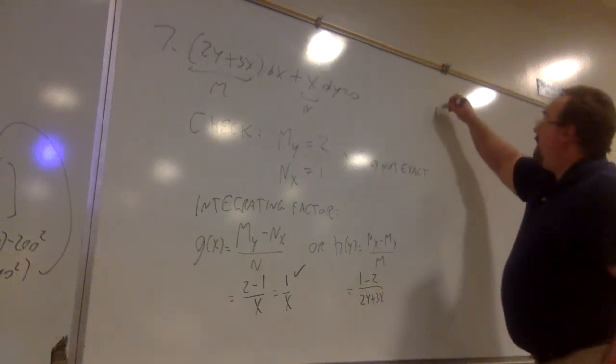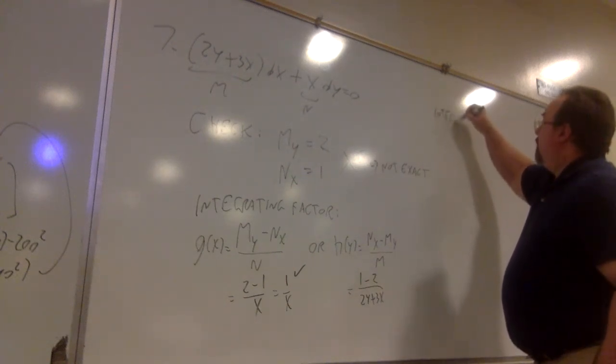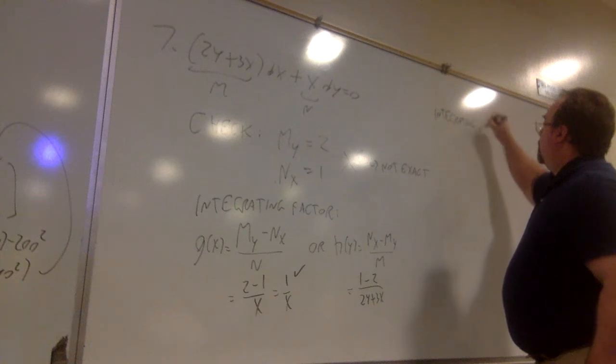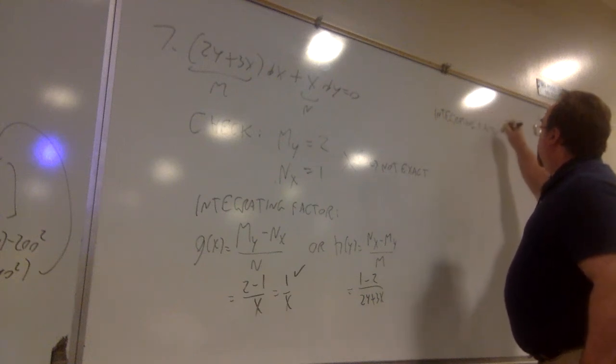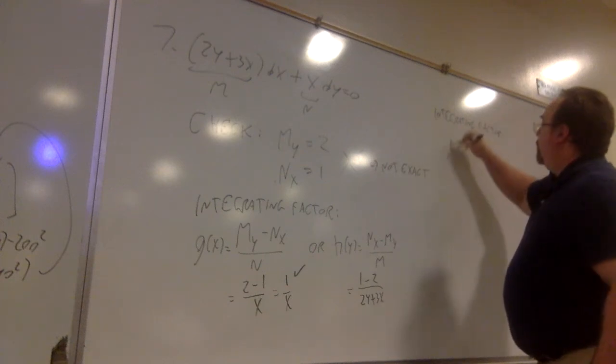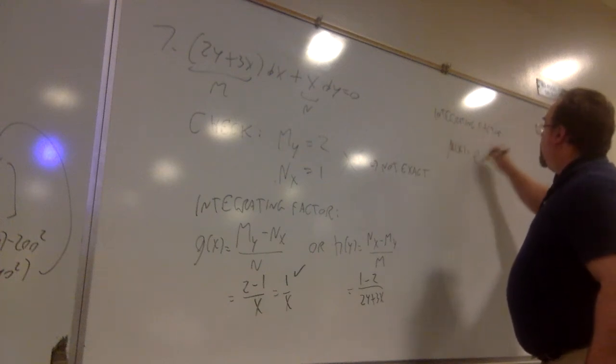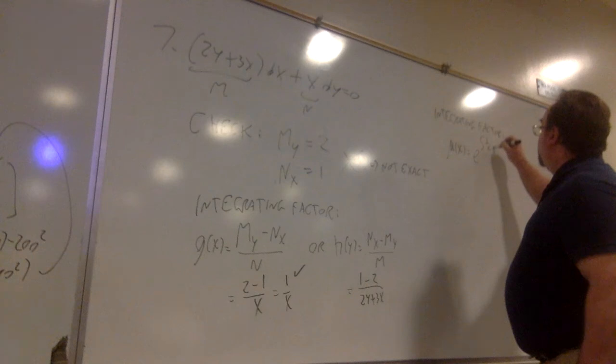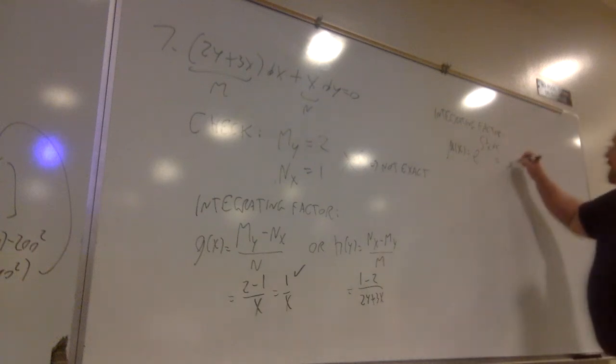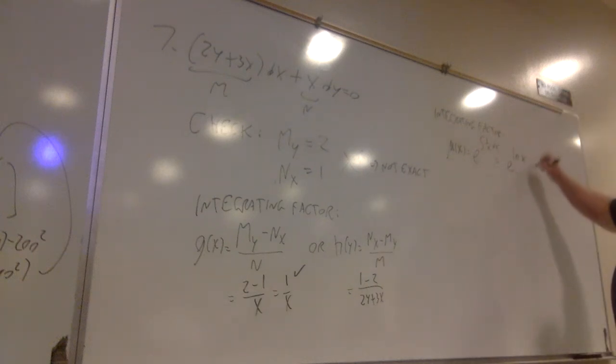So then the integrating factor mu of x is e to the integral of 1 over x. So e to the natural log of x simplifies to x. That is what you have to multiply the equation by to make it exact.